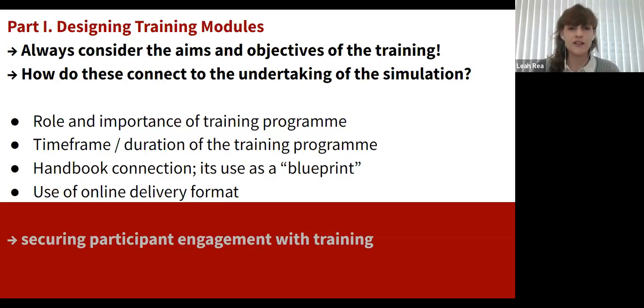The design of the training program is undertaken in such a way that we want to ensure our participants are as prepared as possible for undertaking their roles, engaging in the game, engaging with other teams, and thereby not just undertaking the simulation, but understanding where that simulation comes from, and understanding its relevancy in the context of the UPR as an international human rights mechanism itself. So this isn't being conducted in isolation.